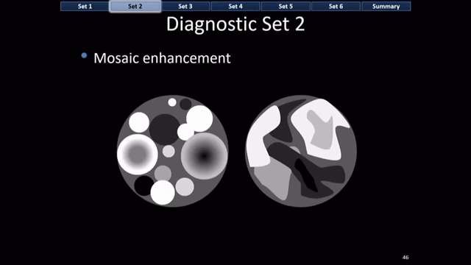They might enhance differently, they might have different diffusion, they might have different fat content, and same thing for these compartments. Very importantly, notice that these inner nodules and these inner compartments are distributed randomly. There's no rhyme or reason for why some of the nodules are smaller and larger and where exactly they're located. So when you see random intranodular nodularity and compartmentalization, think mosaic enhancement.